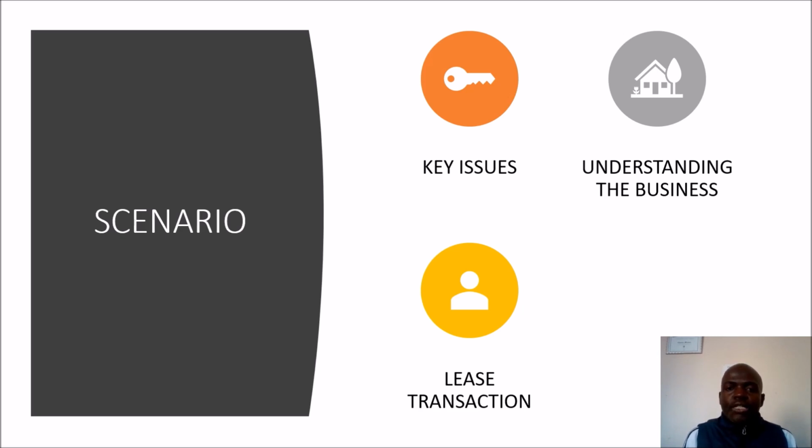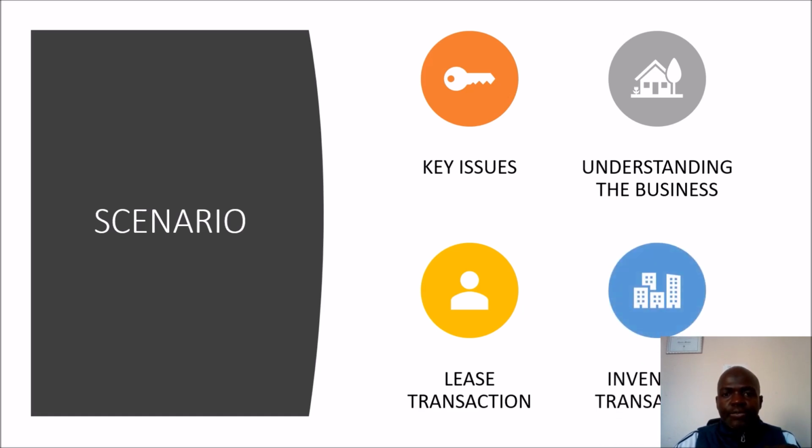The second part of the lease is, as they were now leasing, the taxpayer then improved the asset. And so it's going to be very important for you to be able to discuss the improvements of this lease. It was very important to understand what was improved under the lease, because improvements have their own tax implications.